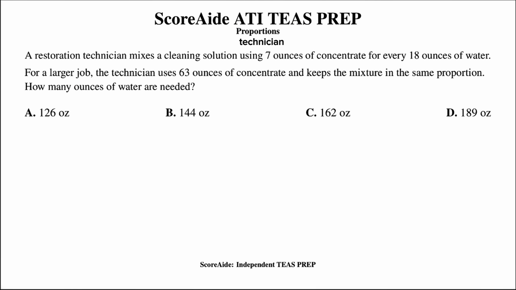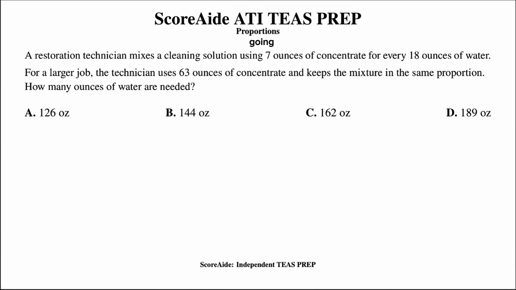A restoration technician mixes a cleaning solution using 7 ounces of concentrate for every 18 ounces of water. For a larger job, the technician uses 63 ounces of concentrate and keeps the mixture in the same proportion. How many ounces of water are needed?